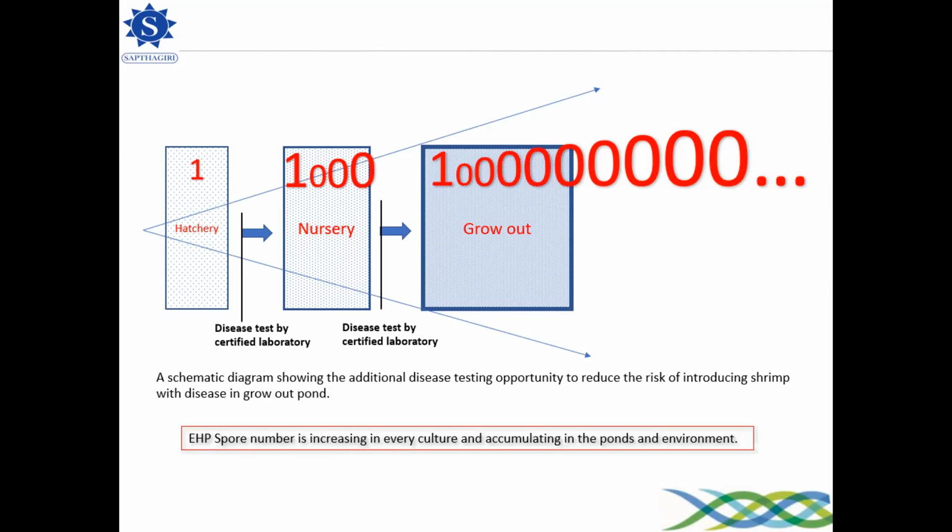There also there is a chance of getting EHP, so do the EHP testing in the nursery itself. Once it is passed, then you can go for the grow out. That's how we can save our crop as well as the culture. EHP spore numbers are increasing and accumulating in the pond environment.